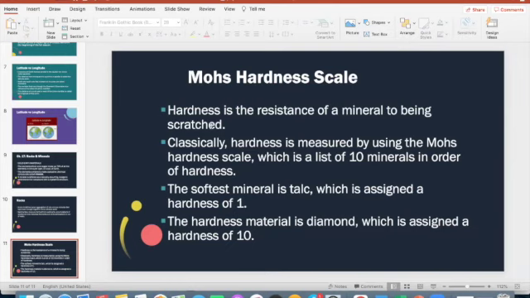An example of one of the softest materials, with a hardness of 1 on Mohs scale, is talc. If you've ever heard of talc powder, it's very, very soft, softer than even sand, really small microparticles. And on the opposite end of that scale, with a hardness of 10 on Mohs scale, is a diamond. A diamond is one of the hardest materials on our planet.